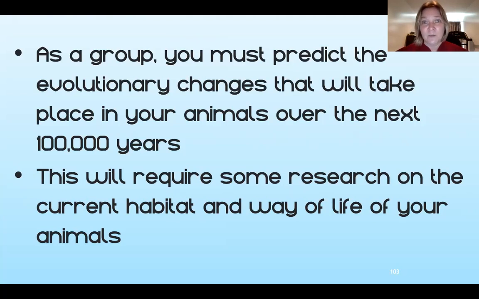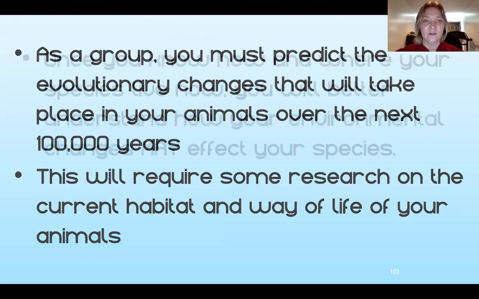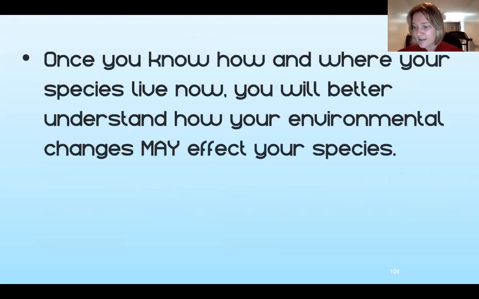There might not actually be much of an environmental change. I'll try not to do that, because that would be pointless. So I'll try to pair it up so that it will have an effect on your animal. But you'll definitely have to think about the niche of this particular animal, the way of life of this animal, and then how the environmental change will affect it.